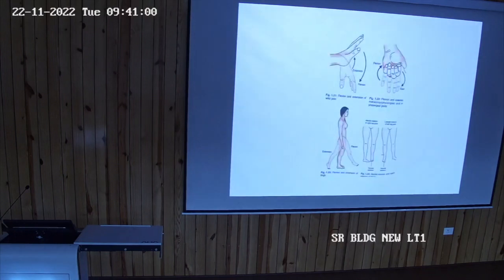Look here, you are seeing this position at this joint. This is extension and this is flexion. So that is called the extension of the metacarpophalangeal joint. This is the metacarpophalangeal joint, and look at this.